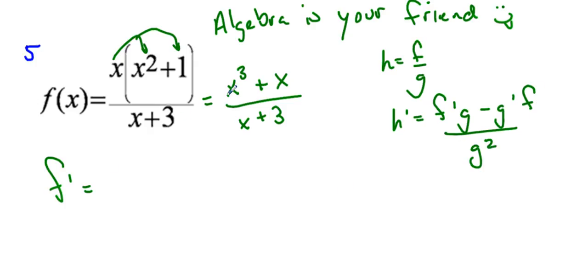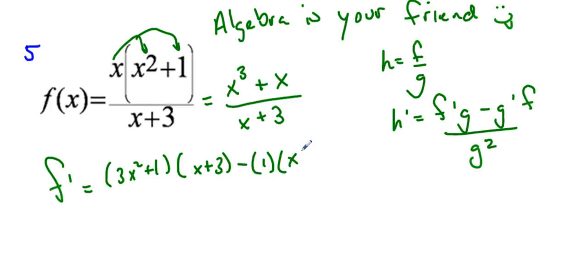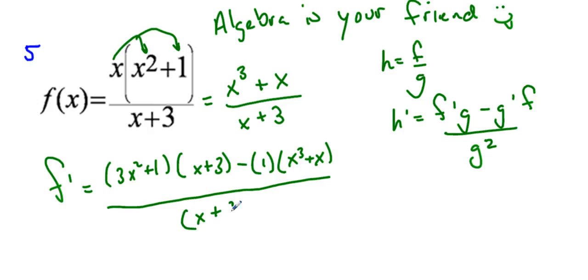All right, so we're going to take the derivative of the top, which will be 3x squared plus 1, times the bottom, which is x plus 3, minus the derivative of the bottom, which is 1, times the top, which is x cubed plus x, all over this bottom squared. So we have x plus 3, that quantity squared.